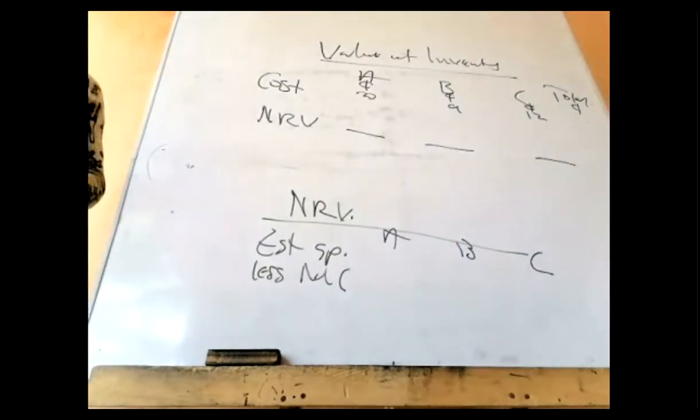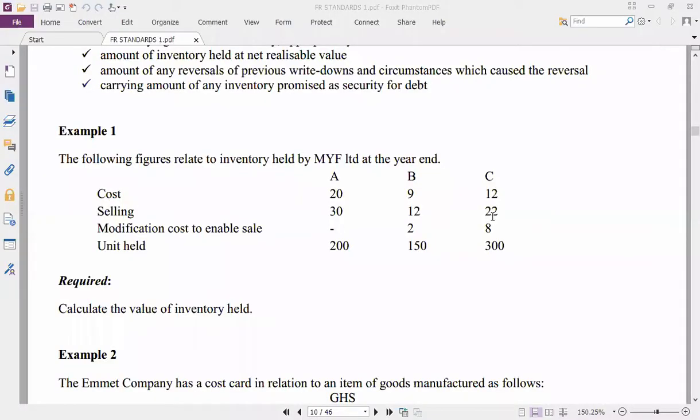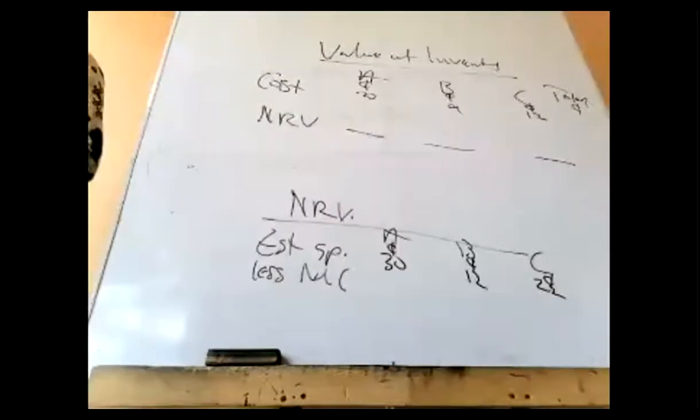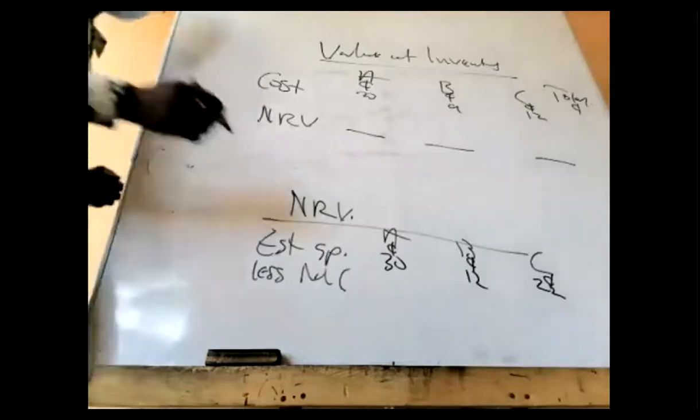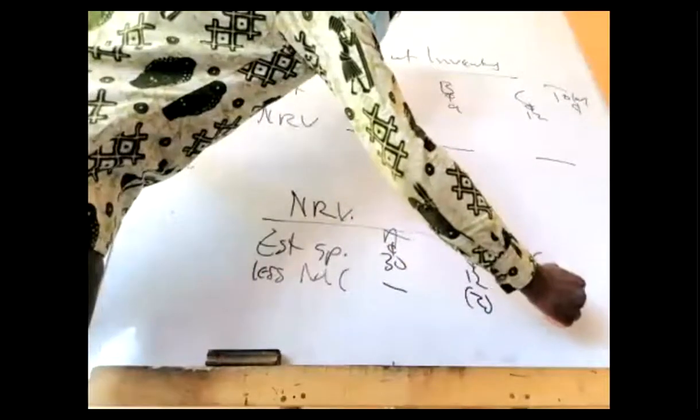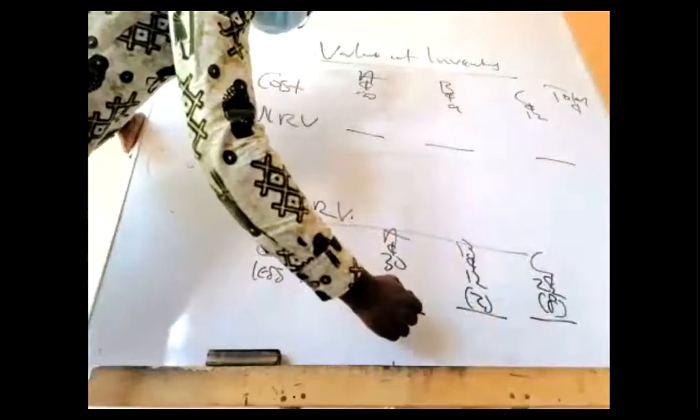The selling price is 30, 12, 22, and then modification cost is 2, and 8. So the NRV will still be 30.